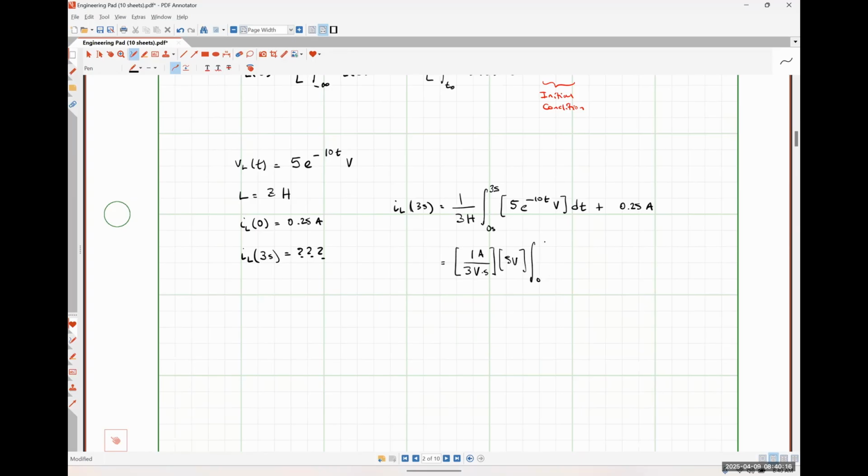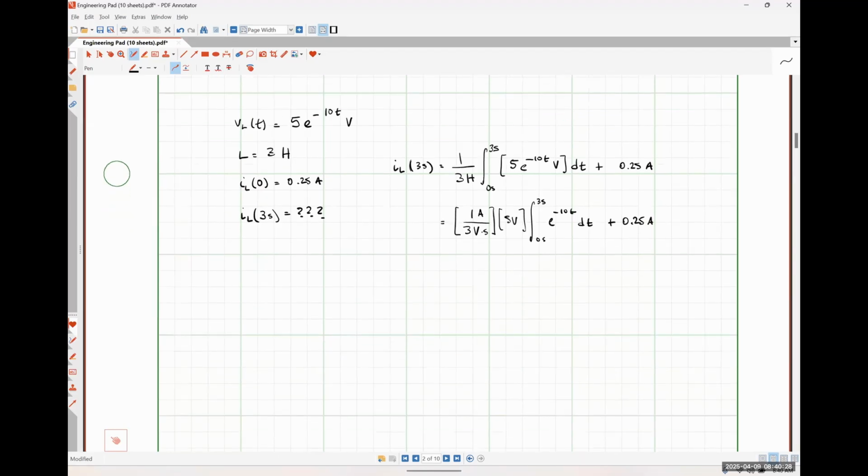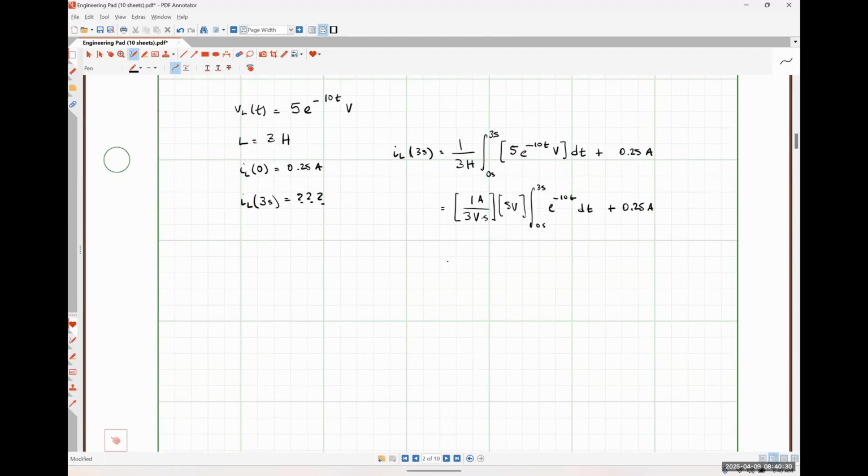I'm left with integrating from 0 seconds to 3 seconds just e to the negative 10t dt, plus 0.25 amps, right? So if we manipulate some things here really quickly, this volt cancels this volt, and so what I have is 5 amps per 3 seconds. And now I have that integral that I have to deal with.